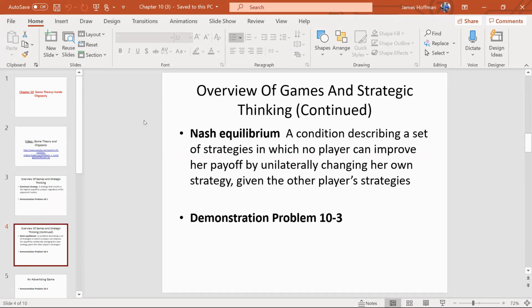Okay, so building upon dominant strategies in that same type of game where you have two players or firms and they both have two choices, let's define now a Nash equilibrium, and this is from the mathematician, economist John Nash.